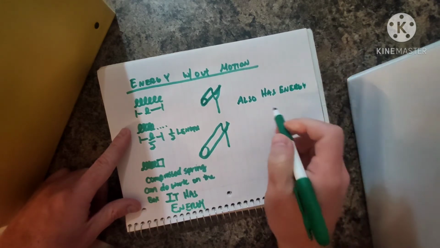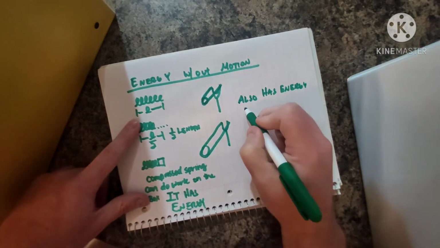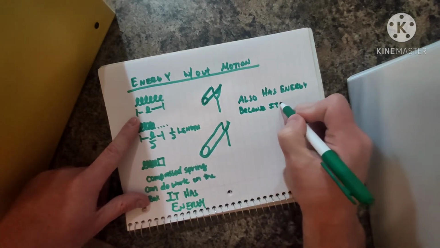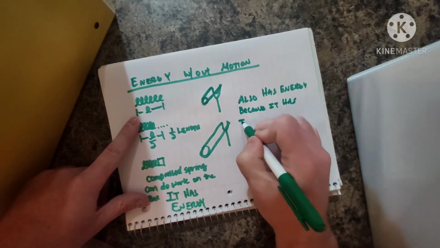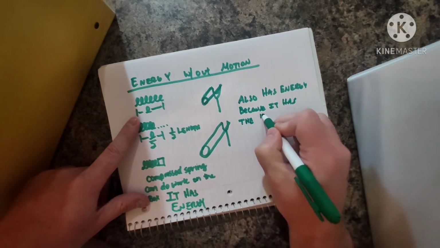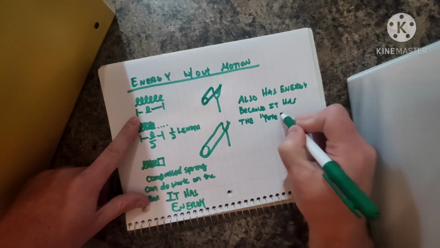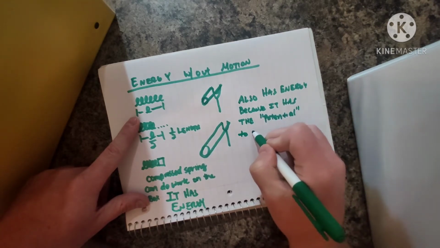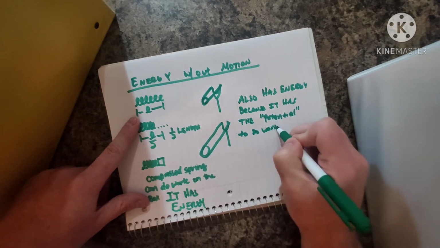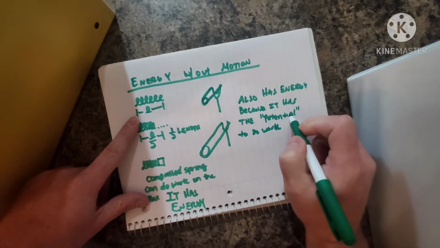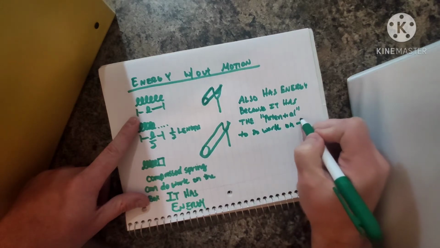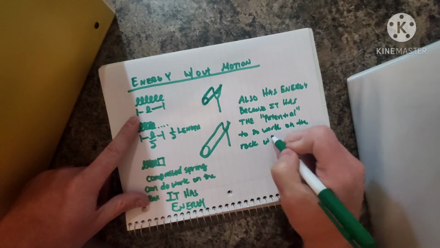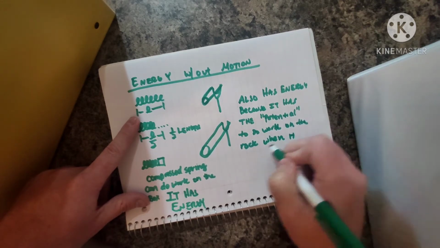Because we know if we release it, this rock is going to shoot. Because it has, write this key word, the potential to do work on the rock when it is released.